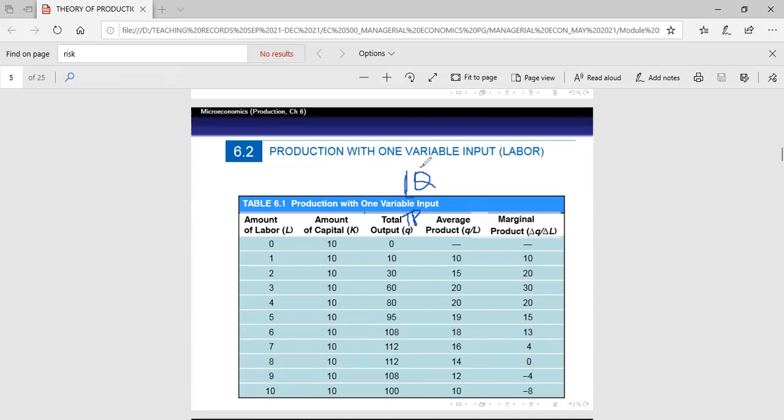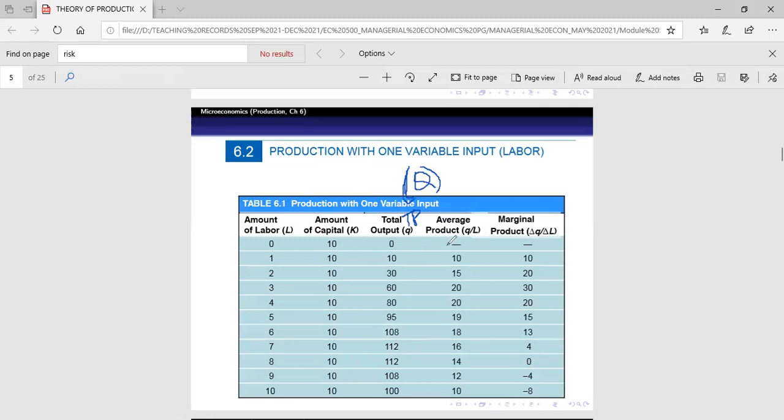You can simply call it total product or Q. Are we together? So this is the total output produced for every corresponding amount of labor employed and capital, right?